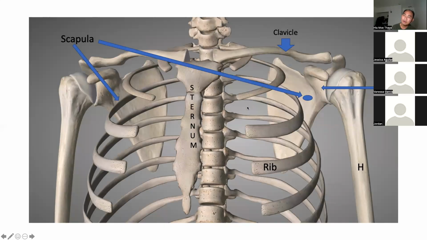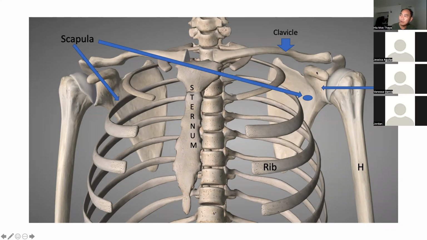Now, if you go around the shoulder girdle, around the shoulder, we remember the clavicle, one here and one there. And we remember this flat, triangular bone, which is what we call the scapula. The scapula has three pointing bony notches.